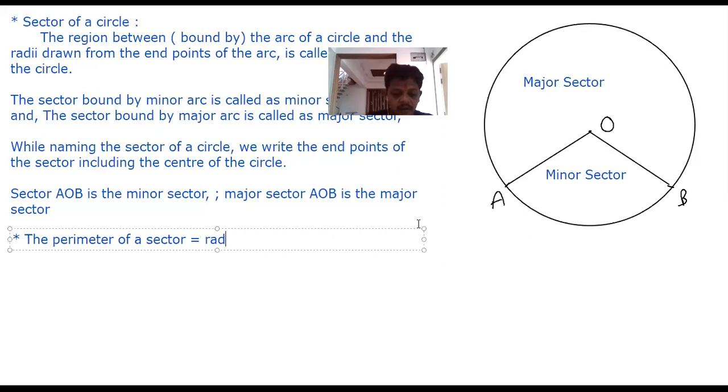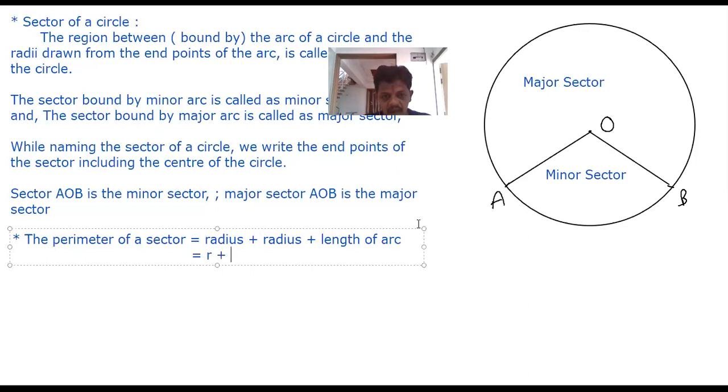So I'm going to write over here: radius plus radius plus length of arc. Yes or no? Yes, sir. That would be 2r plus L. This is what you should understand now, that the perimeter is going to be 2r plus L, the length of the arc.